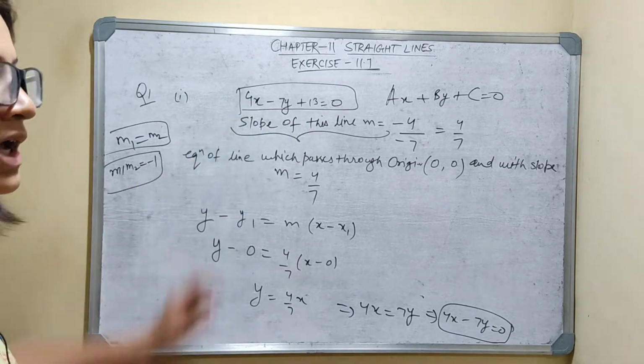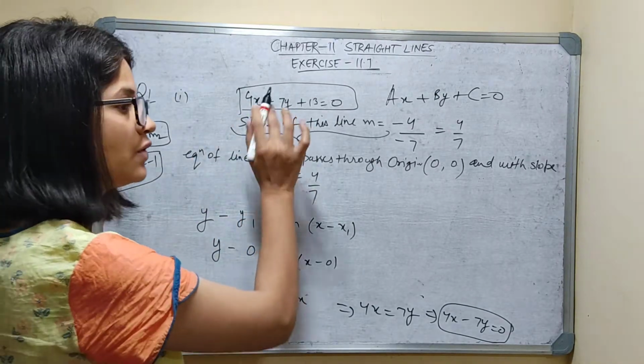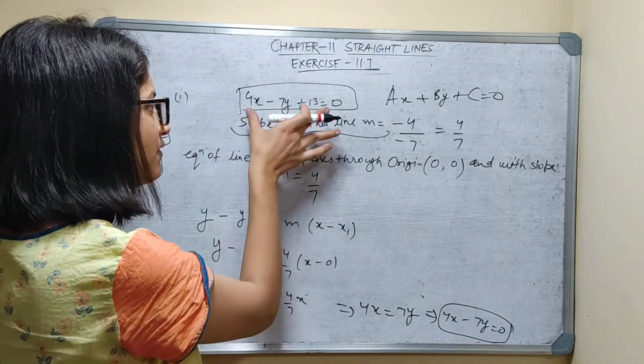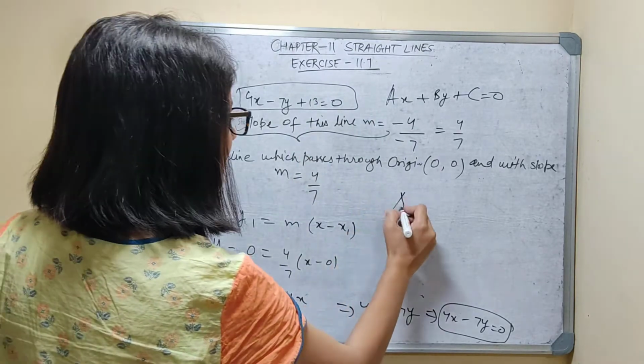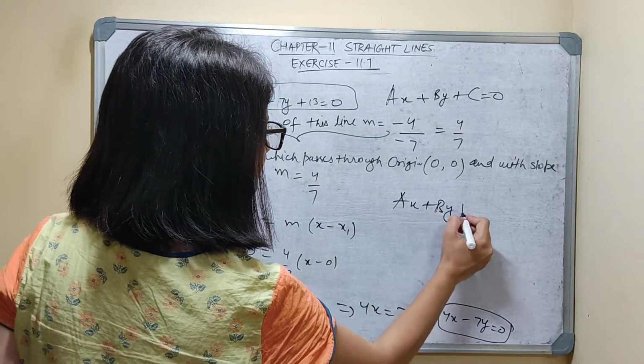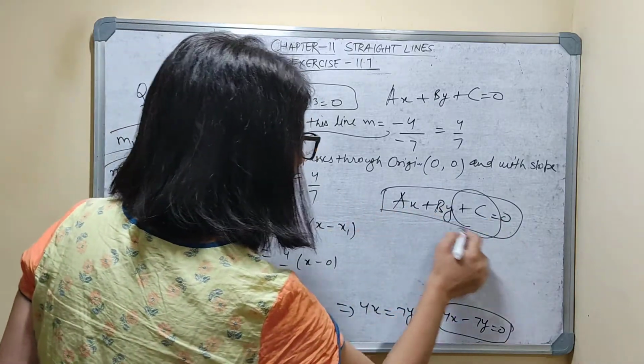Or directly, if I tell you the equation is 4x minus 7y plus 13 is equal to 0, and you have to find the equation of a line which is parallel to this line and passes through origin. As I already told, if the equation is ax plus by plus c is equal to 0 and it passes through origin, then the constant part won't be there.